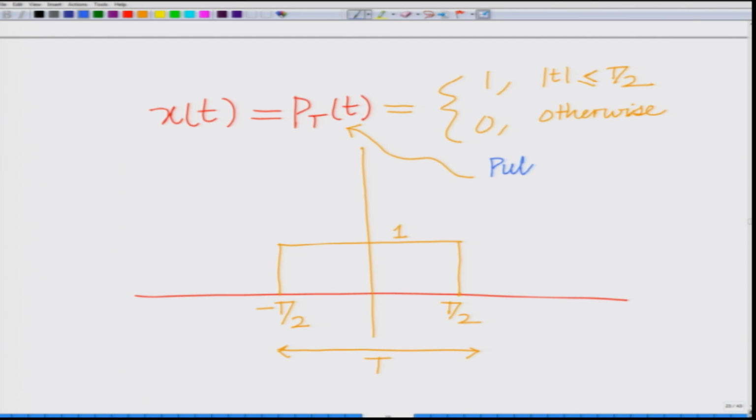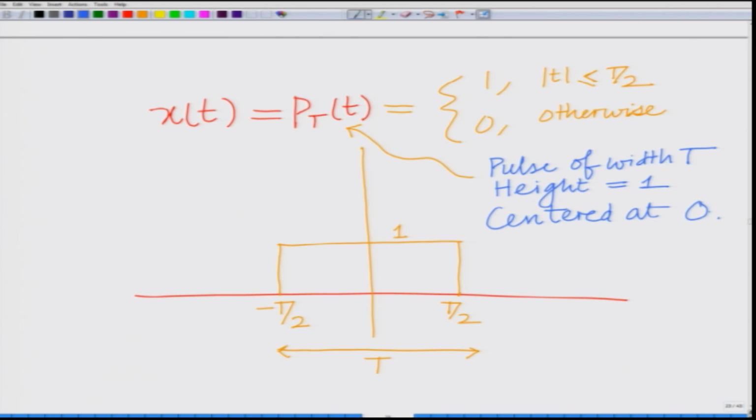So, this is a pulse of width T, height equal to 1, centered at 0, which means it spans minus T by 2 to T by 2.